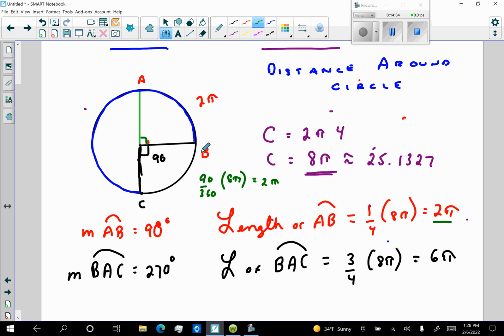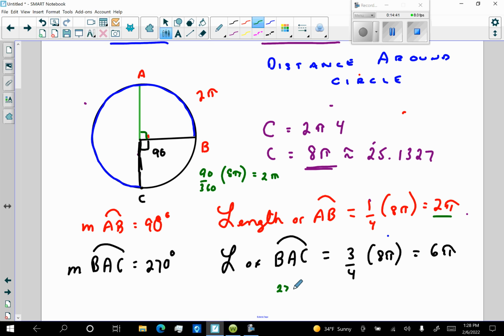And if I looked at the length of BAC, I'd have to look at the measure of BAC, which was 270, and 270 divided by 360 times 8 pi. Well, what is 270 divided by 360? 3/4, and 3/4 of 8 pi is indeed 6 pi. So these were easy portions to figure out.